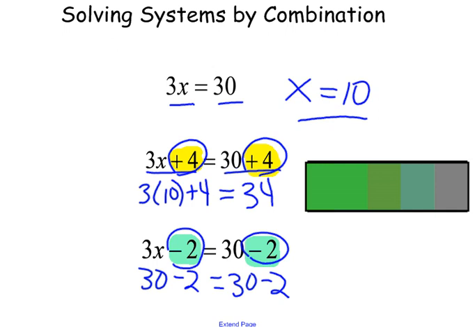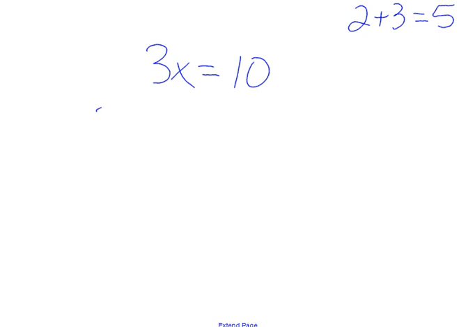It's also okay if we say we had 3x equals 30. We know 2 plus 3 is the same as 5. Would it be okay to add on this side 2 plus 3 to our x, and on this side add 5?